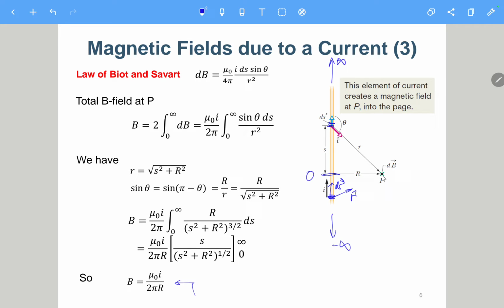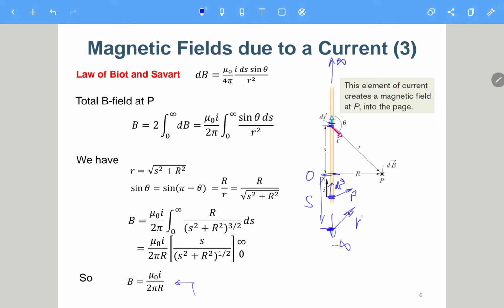Okay, and then we can simply find that if we find the symmetrical point, so for example this is plus s, and then we find something at negative s, which is something here, it should generate the B field.